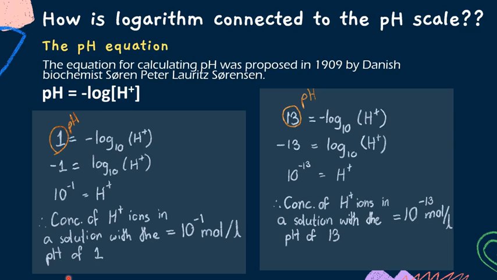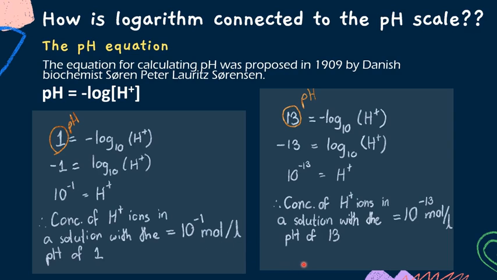So for example, a solution with a pH of 1 will be equal to negative log of H plus ions to the base 10, and if we work it out, we'll find that the concentration of H plus ions in this solution is 10 to the power negative 1 mole per liter.